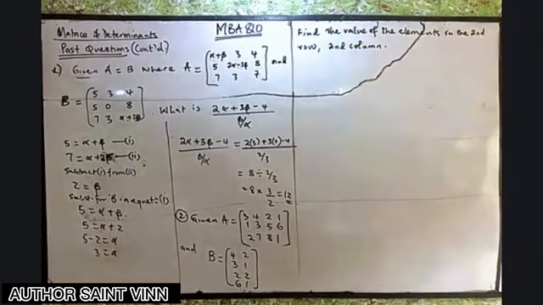That command means multiplication. Second row. Find the value of the element in second row and second column.